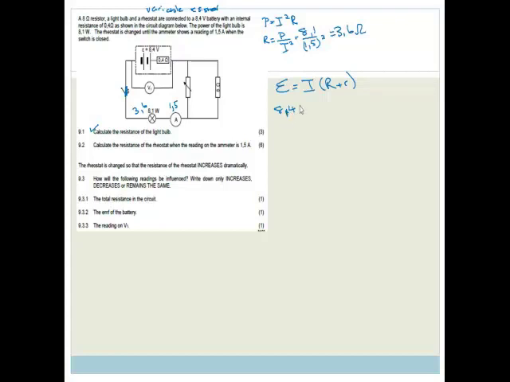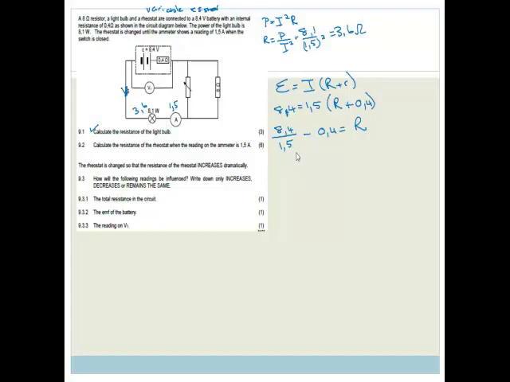The current we're told is 1.5 times the total external resistance, which is what we're trying to work out, plus the internal resistance of 0.4. So we can solve for R by going 8.4 divided by 1.5 minus 0.4 is equal to R.